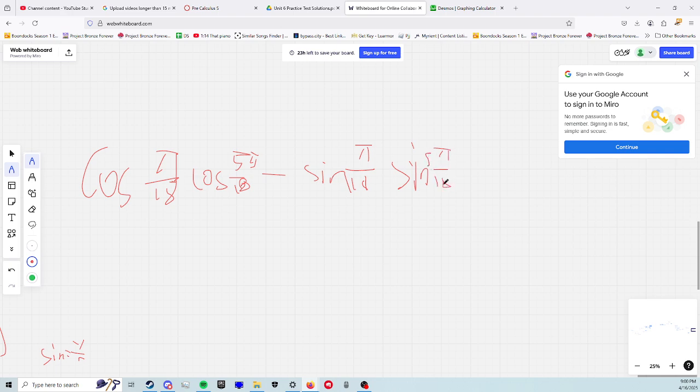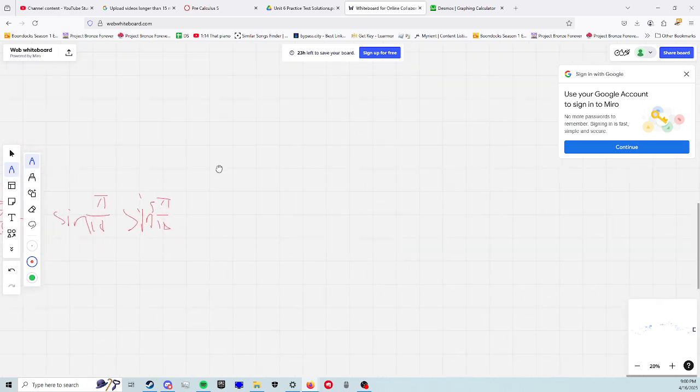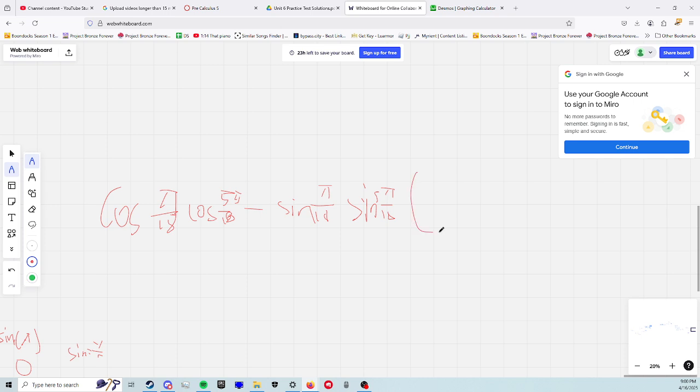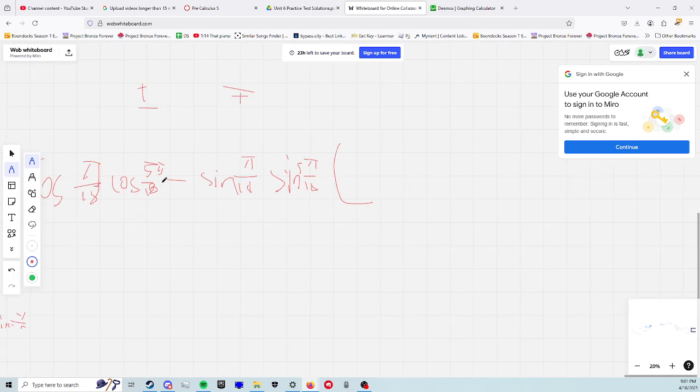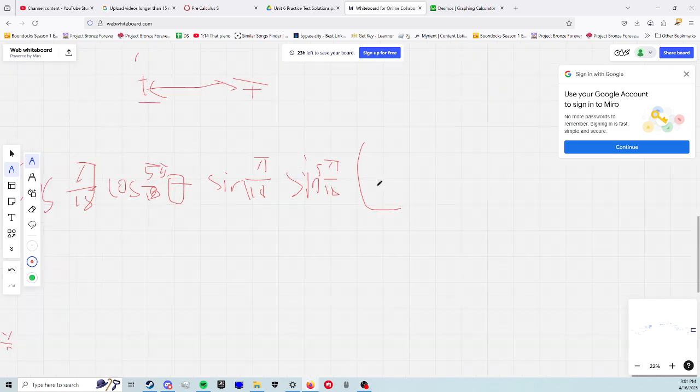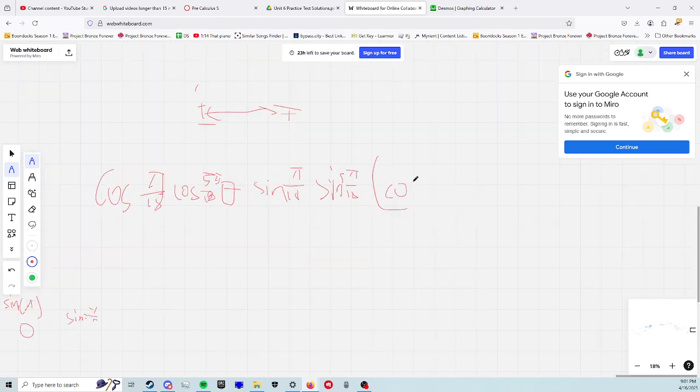Now, if you look at the sum and difference identities, this is cosine. We know that this one is backwards, so instead of plus minus, it's minus plus. So this is minus, then it correlates with plus.